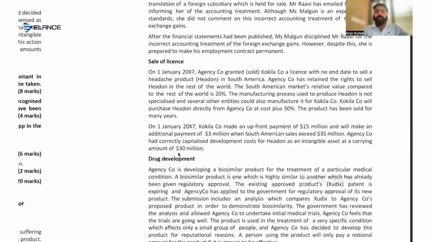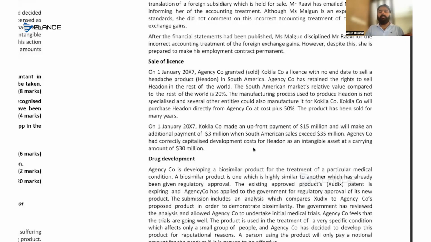Only in South America, sale rights is what they are selling. Right? They're only selling the rights related to South America. So we need to determine the carrying value and the sale proceeds. So how much is the sales proceeds here? 15 million will be your sales proceeds. And overall, it is at 30 million. But out of which they are disposing only the South America part.